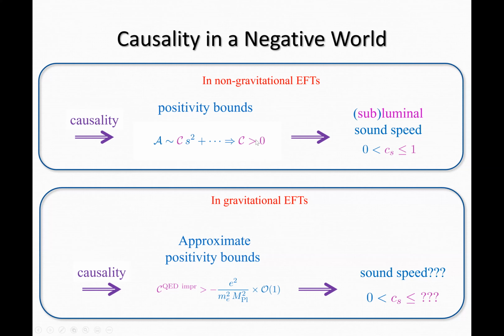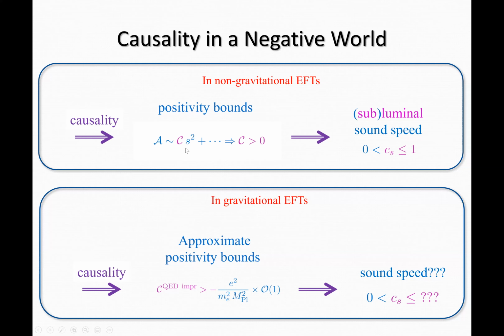This is something we kind of have intrinsic inside us as soon as we're dealing with a Lorentz invariant effective field theory, which is really what we're doing in here. And so this is definitely true in a non-gravitational effective field theory. But as I mentioned, the connection is really coming through the positivity bounds. Of course, it's not really typically proven through the positivity bounds, but it's exactly the same. This is really where everything is coming from.